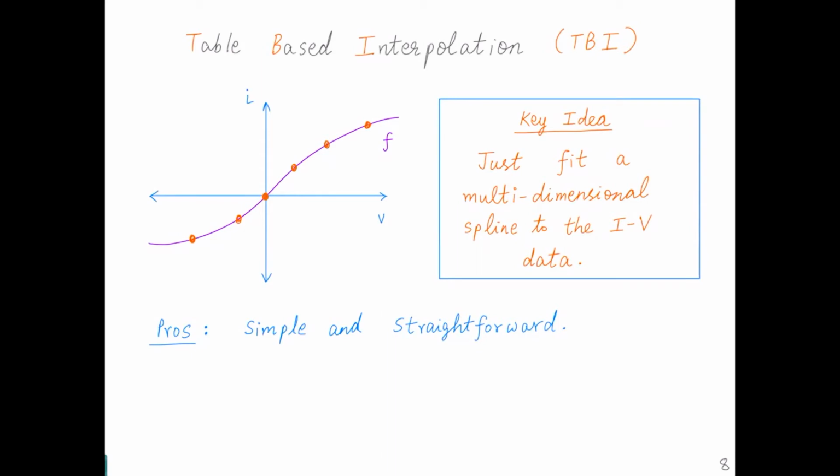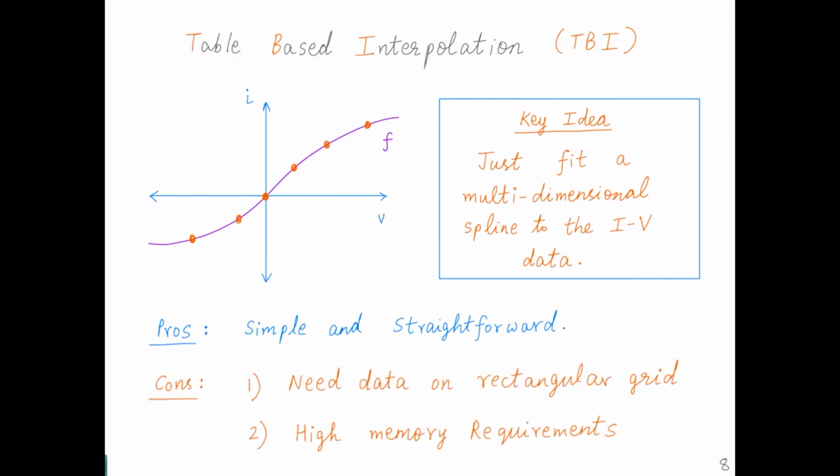But the disadvantages are, first of all, if you're going to fit a multidimensional spline, the most straightforward way to do that is if you have data on a rectangular grid. If you have data that doesn't fall on a rectangular grid, then you have all kinds of other problems in fitting splines. The second problem is you have to store all the spline coefficients, which consumes an enormous amount of memory.